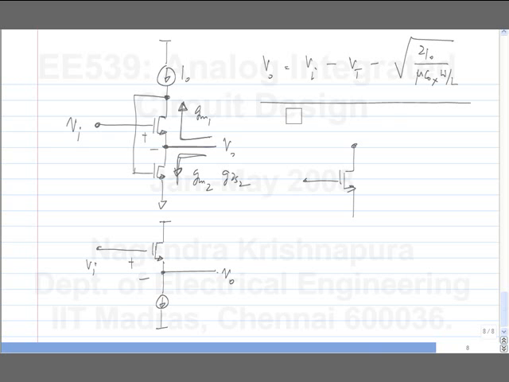Maybe the answer is not to your liking, but no, you know everything. The circuit is right there. Anyway, you do it for this and you set GDS1 to 0 and see what happens. But anyway, it does behave like a voltage buffer, meaning it provides a low output impedance.